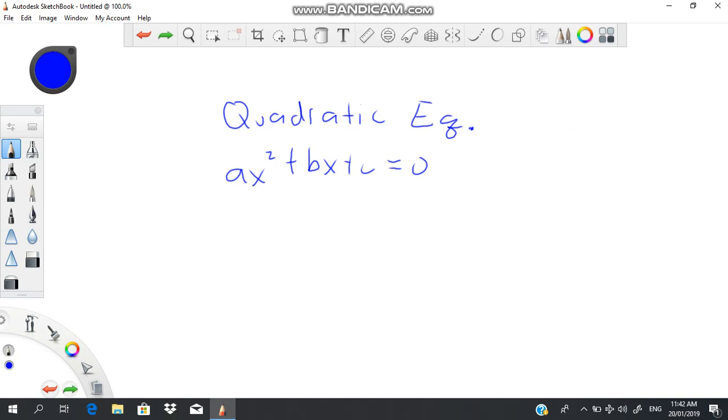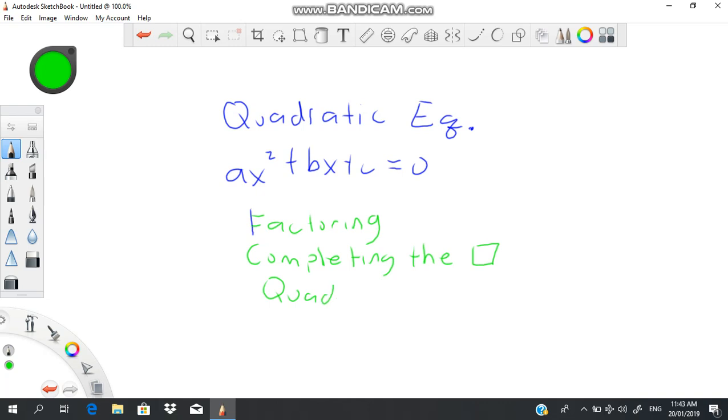And we have three ways of solving quadratic equations. And those are factoring, completing the square, and the quadratic formula.